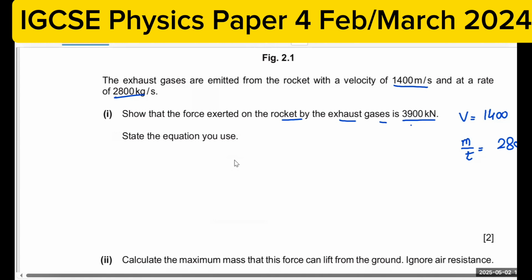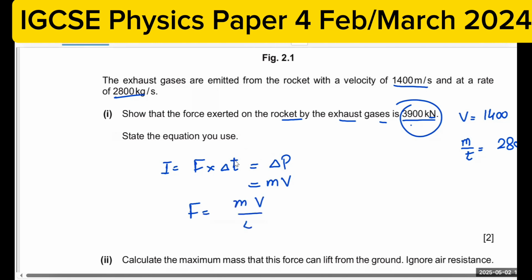So the equation: impulse is equal to force times short time, that is equal to change in momentum. When we calculate the force, it is in Newton. So Newton will be equal to mass times velocity over change in time.